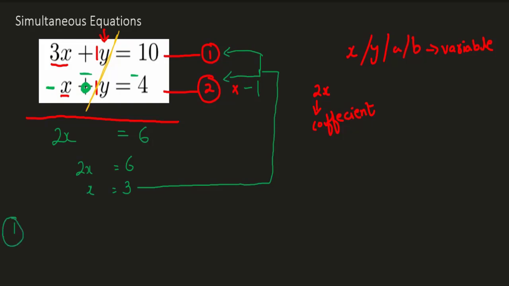So I would write equation 1 here, 3, the value for x is 3, plus 1y equals 10. So 9 plus 1y equals 10. I can take the 9 to the other side, so y equals 10 minus 9, which is 1. So the values are x equals 3 and y equals 1.